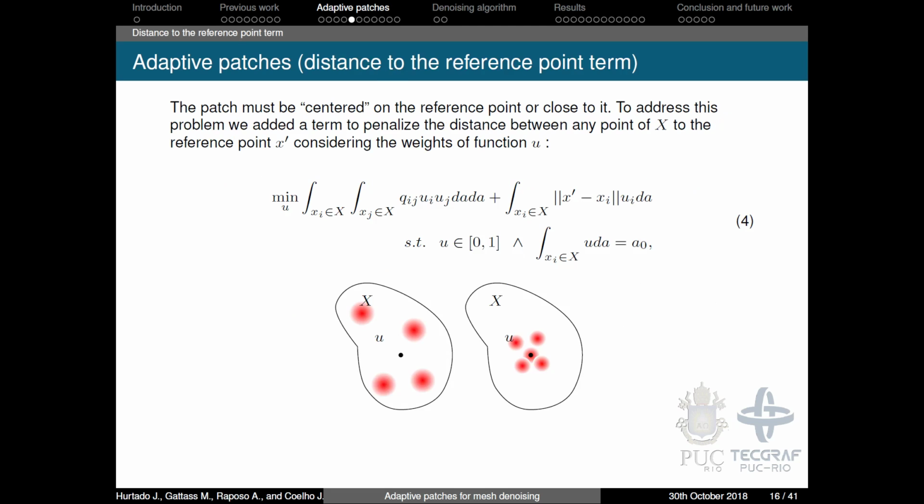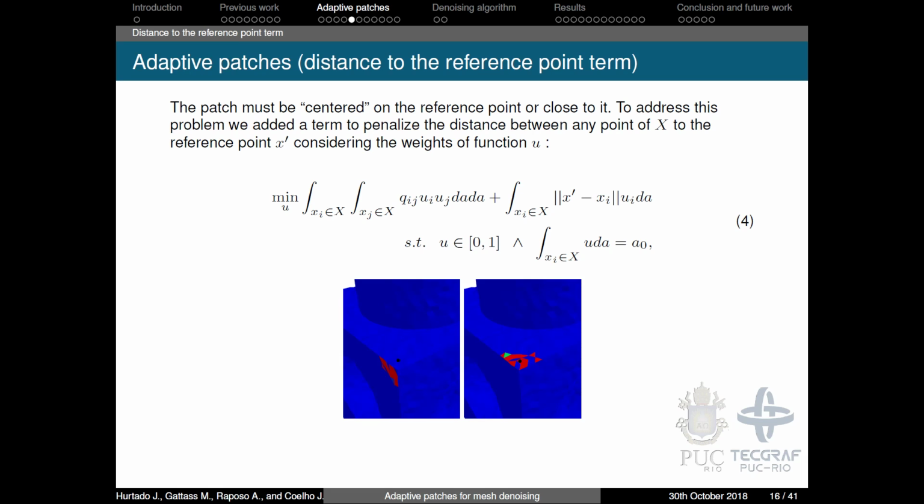So to solve the first problem, we penalize the distance between any point of X regarding the reference point, weighted by the membership function u. So using this term, we will have solutions closer to the reference point. This is an example on the left without using the term, and on the right using it.